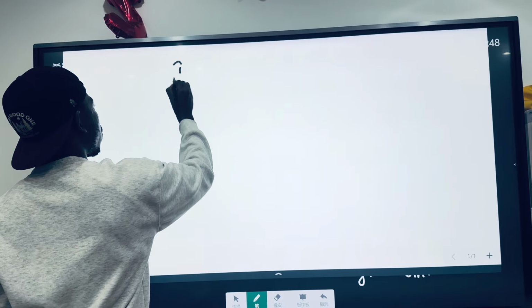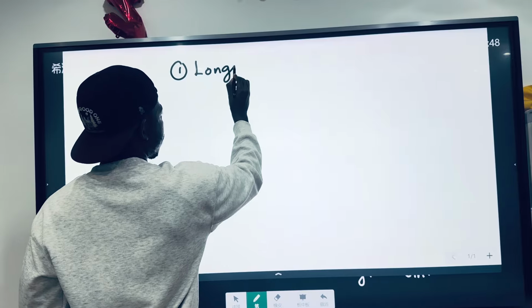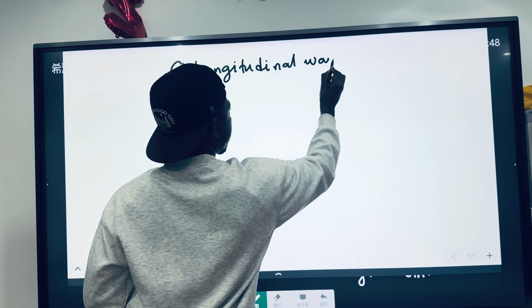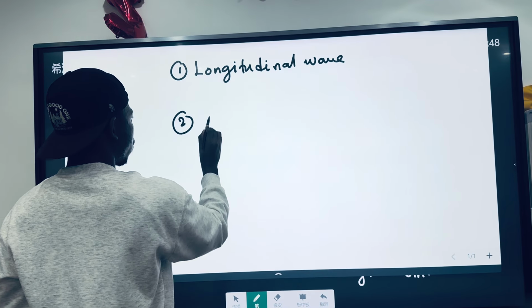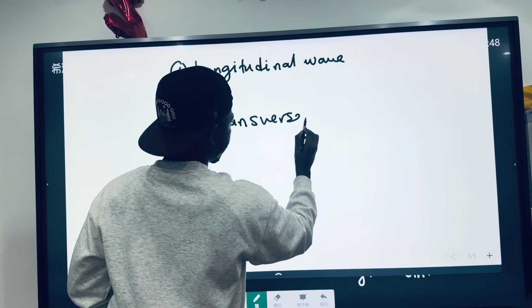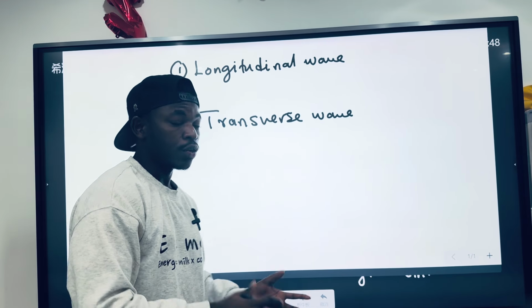Number one, we have something called longitudinal wave. Number two, we have something called transverse. So we have transverse waves and longitudinal waves.